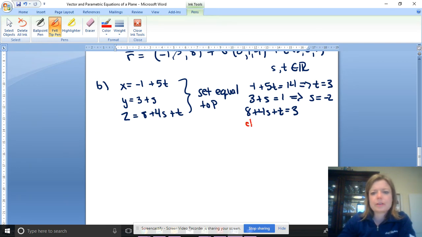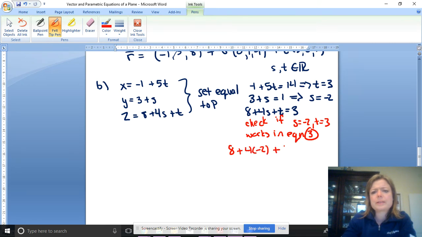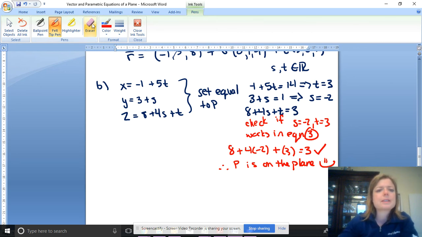Check if S equals -2, T equals 3 works in equation 3. So 8 plus 4 times -2 plus 3 actually does equal 3. So yes, therefore P is on the plane. You can repeat the process for Q.